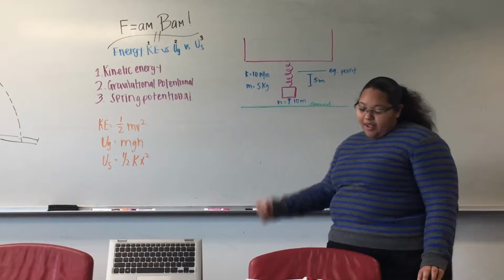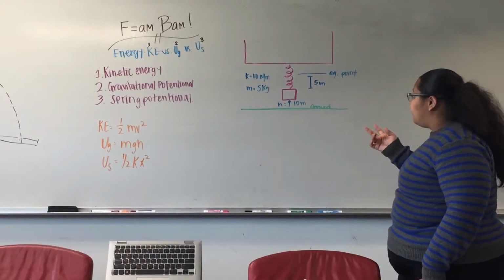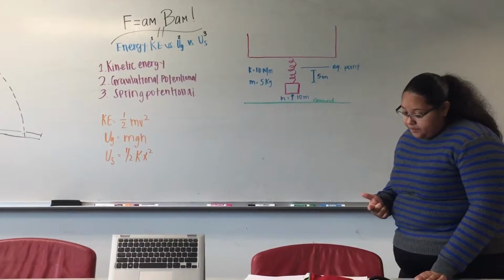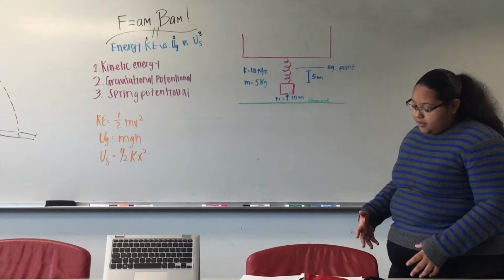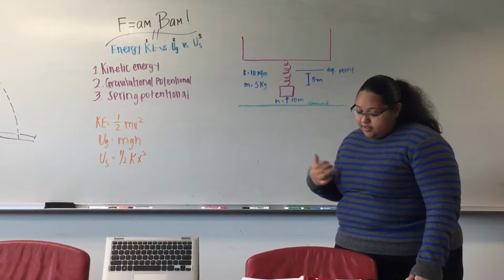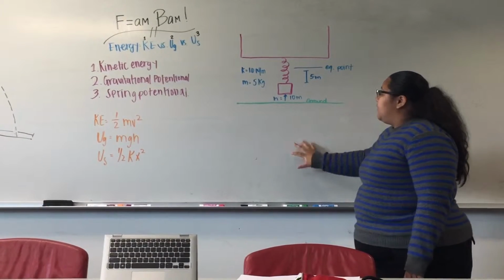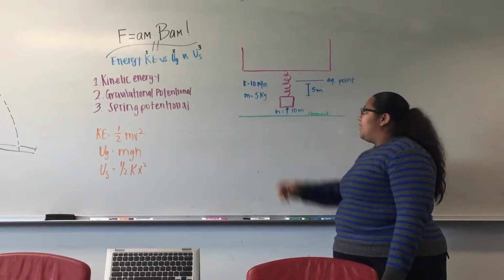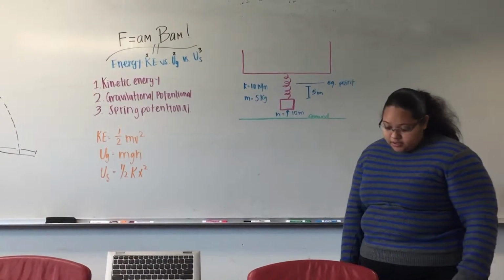So here we have a system of two conservative forces, mass and gravity. Even if there were more than one conservative force acting on the system, it's still a conservative force. So let's say that only gravity was affecting this, which you would still need a mass, but if only gravity was working on it, it's still a conservative force.